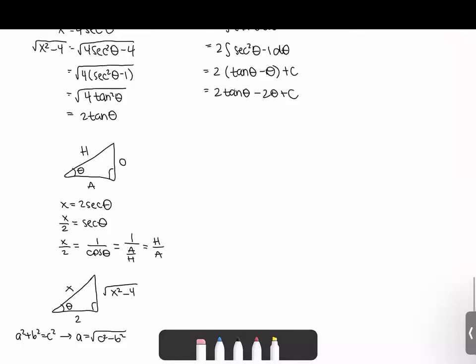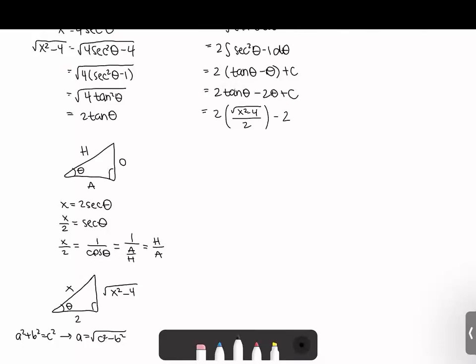So now that we have this, we need to figure out our tangent and our theta. So tangent here is using SOHCAHTOA, opposite over adjacent. So this is going to be 2. Our opposite is the square root of x squared minus 4 over our adjacent, which is 2. And then solving for theta is a little bit trickier.